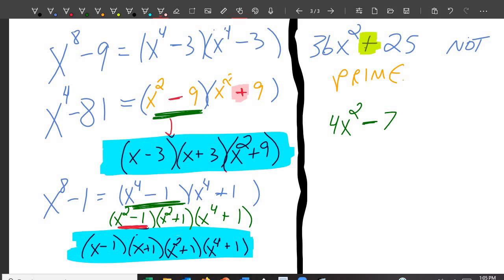Well, this one is not a difference of 2 squares because of the 7. There is no number times itself that equals 7, so this would not be a difference of 2 squares. So again, this answer would be prime. So you've got to look for the minus sign in the difference of 2 squares. Make sure it's got a minus sign.